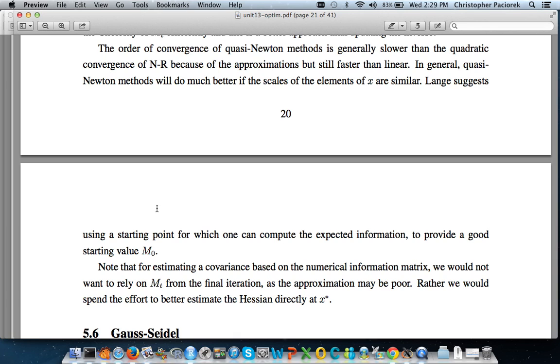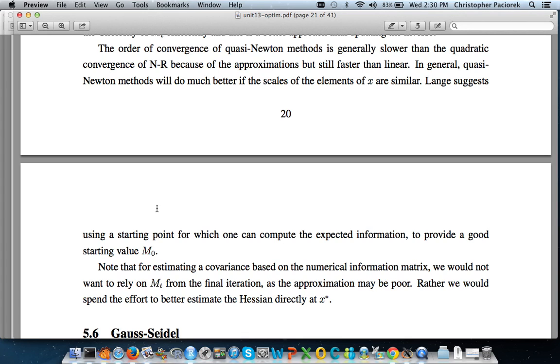And if we want an asymptotic covariance, by standard asymptotic theory the maximum likelihood estimator is approximately normally distributed, centered on the true values of theta, and an estimate of the covariance matrix for the MLE is minus the Hessian evaluated at the MLE, and then taking the inverse.